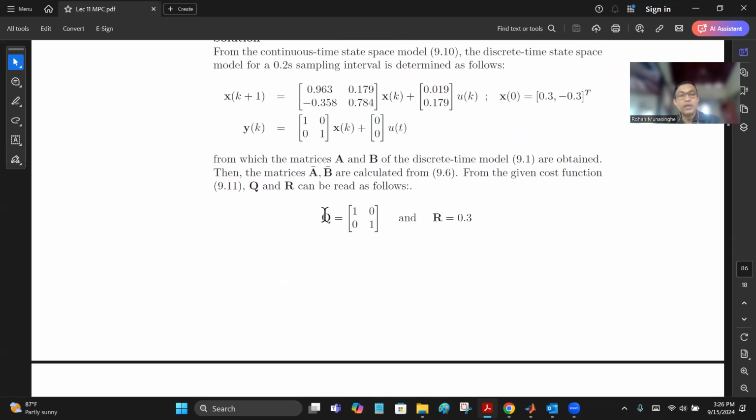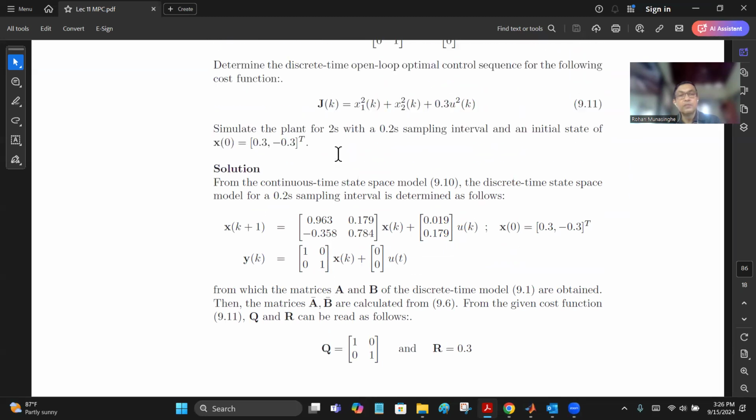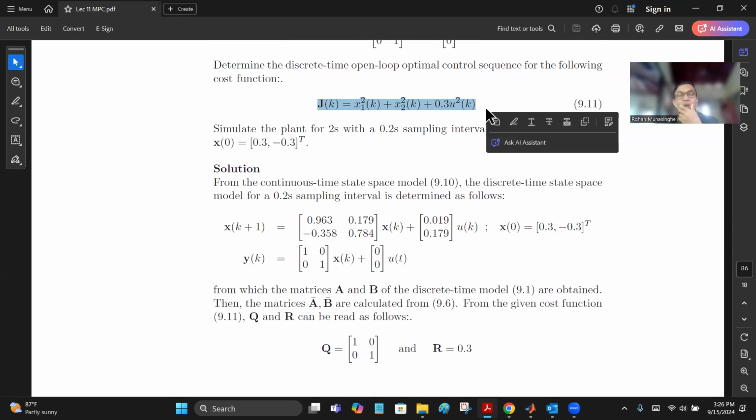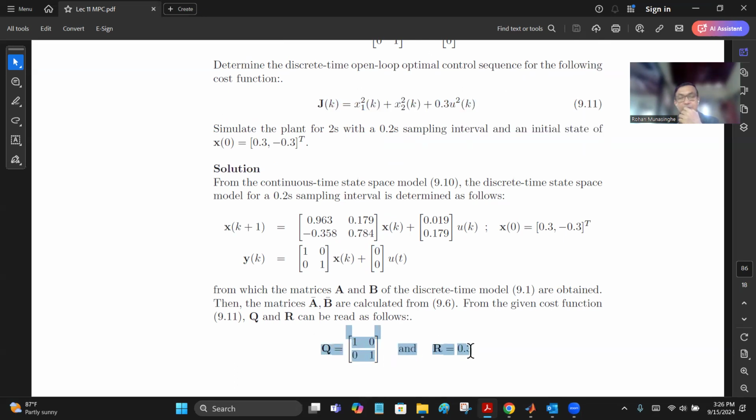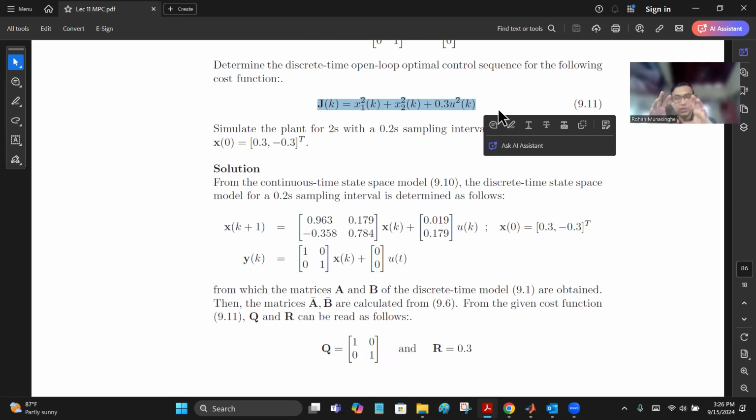Now, you can actually find out from the first equation over here, right? Q matrix and R matrix, right? Look at this one. Arrange the cost according to the standard format, where you have X transpose QX, U transpose RU.